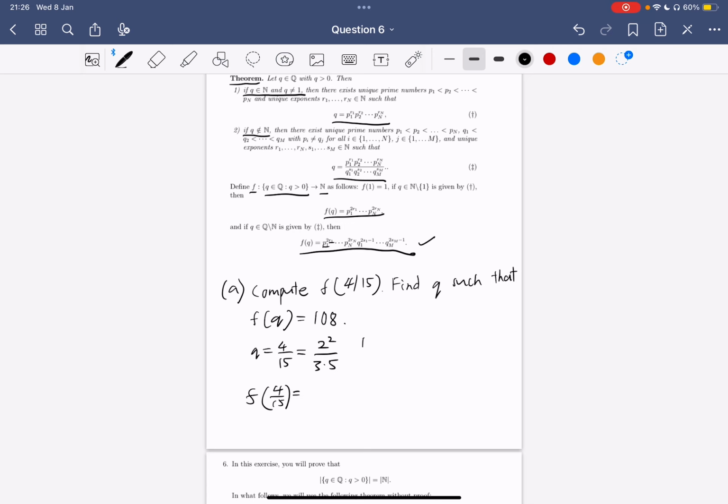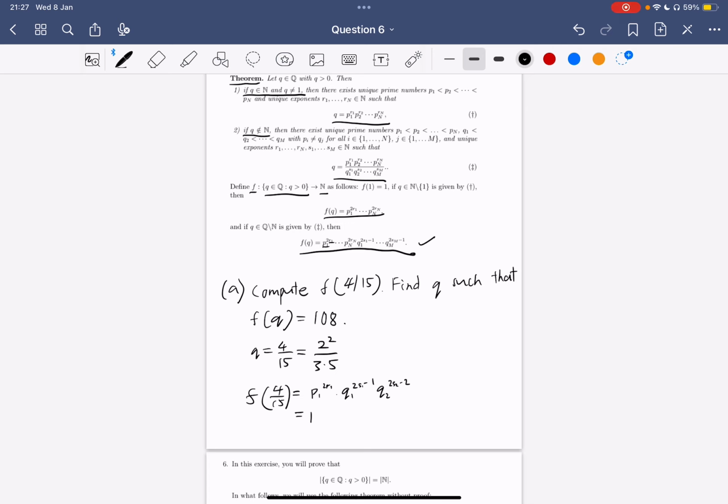So p1 here is one prime number in the numerator and two prime numbers in the denominator. So it's p1, and then it's q1 to s1 minus 1, q2 to s2 minus 2, right?